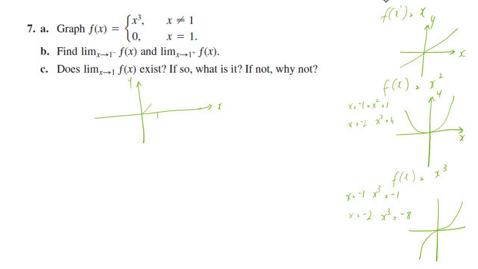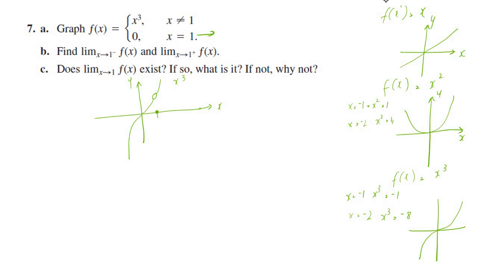Let's try to draw this. This is your x cubed, except at 1. At 1 there is no value. At 1 they say the value is 0, not 1 cubed. It's 0.